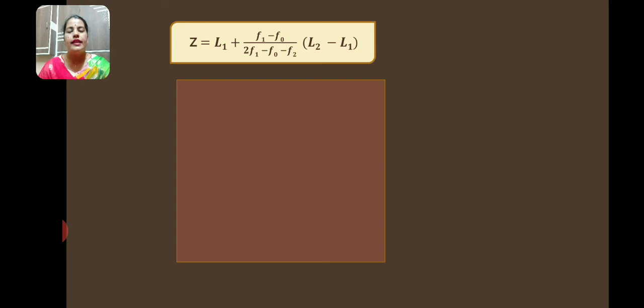The formula is Z is equal to L1 plus (F1 minus F0) upon (2F1 minus F0 minus F2) into (L2 minus L1). Now I am putting the values here.